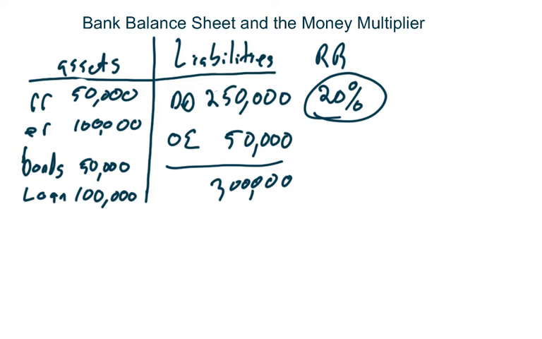We did have somebody come in and deposit an additional $50,000, which is why we had to change almost everything we had on the asset side.